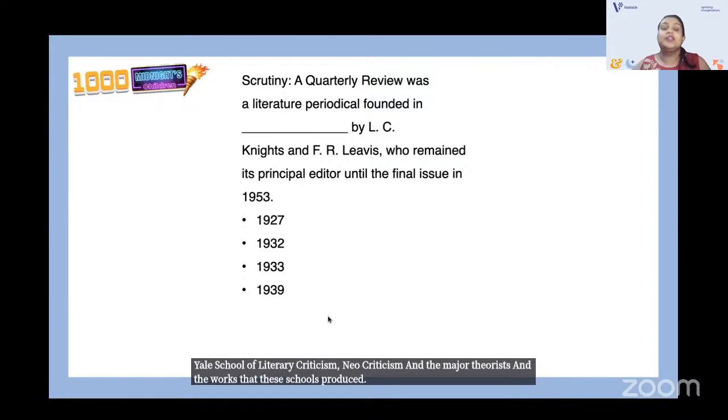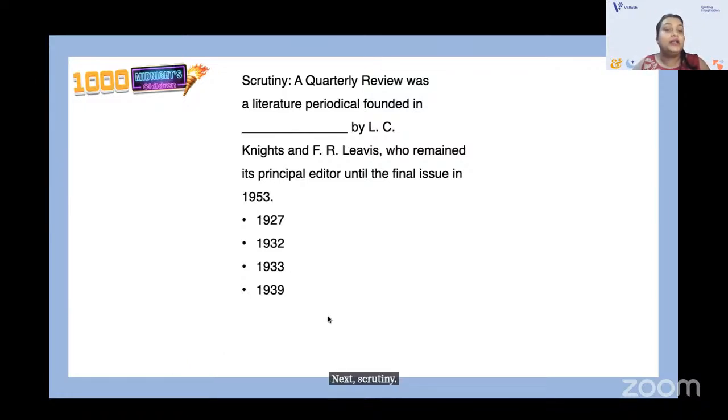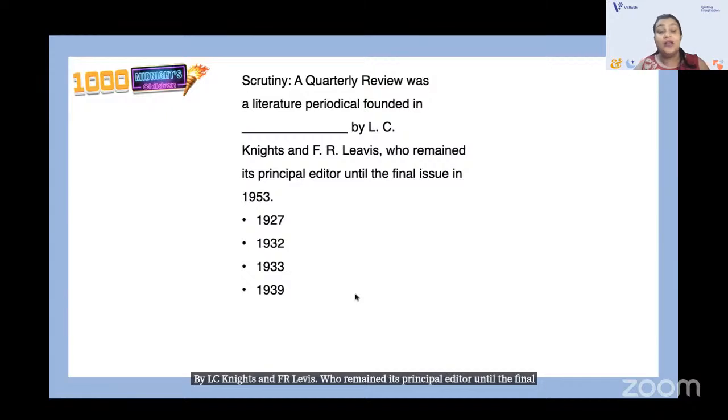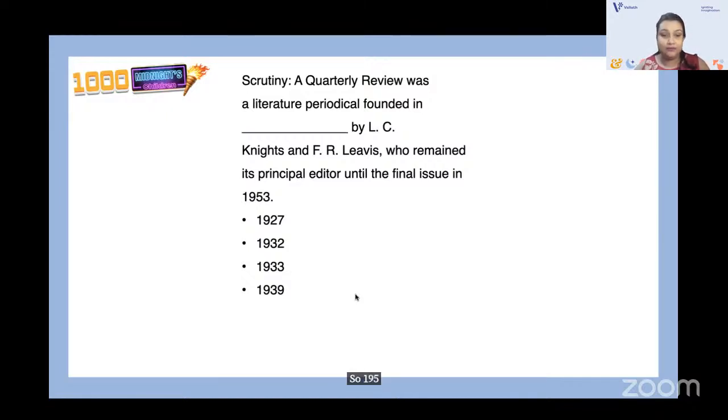Next, Scrutiny, a quarterly review, was a literature periodical founded by Elsie Knights and F.R. Leavis, who remained its principal editor until the final issue in 1953. So 1953 was the last time it had its issue. So it was founded in which year? 1927, 1932, 1933, or 1939?